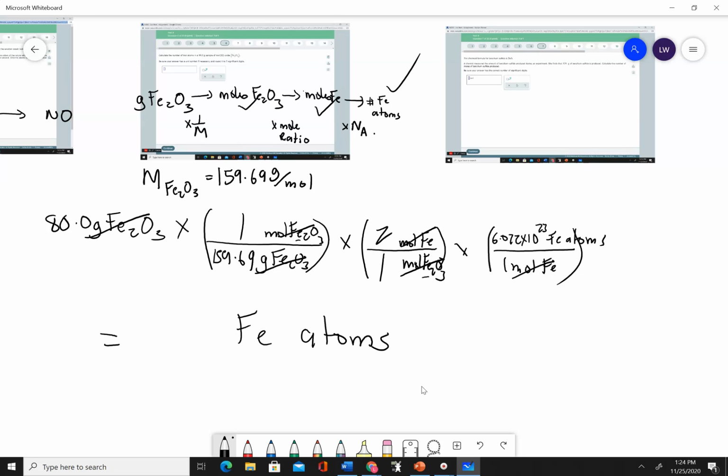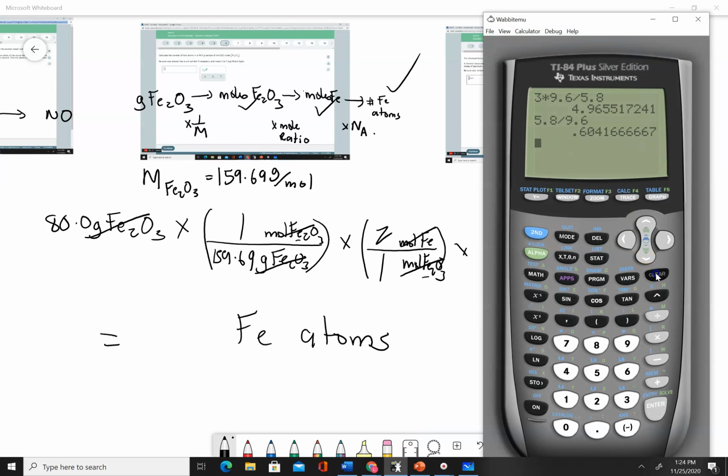Now obviously in 80 grams of a compound, there's going to be a lot of iron atoms. So let me just pop my calculator up and we'll do the math on the screen. So there we go. 80 times 1 on 159.69 times 2 times 6.022 second function E23.